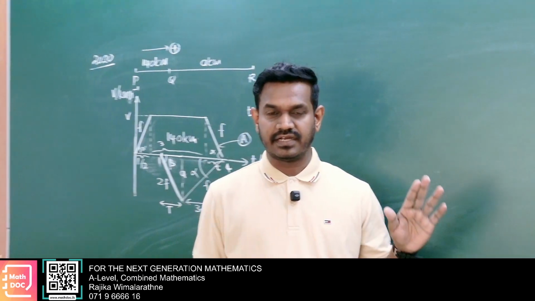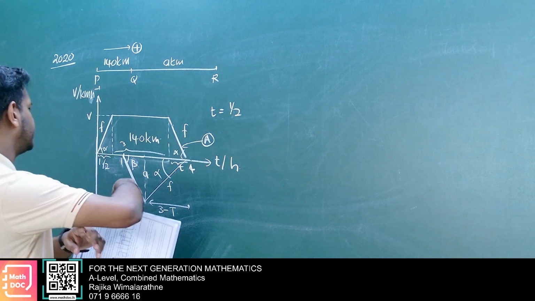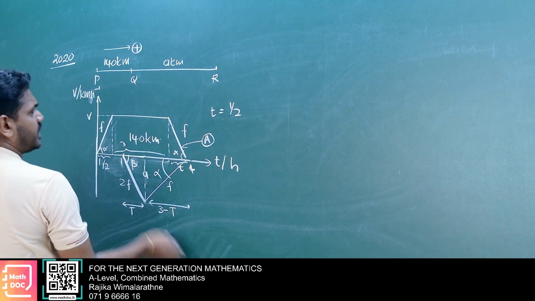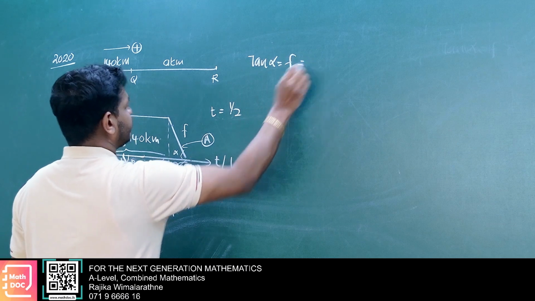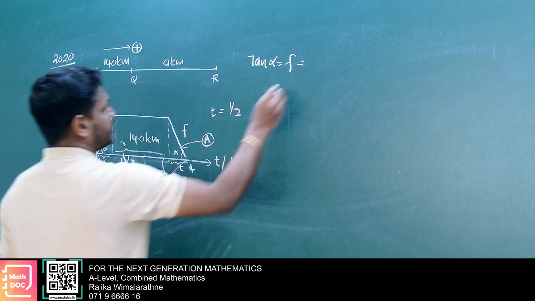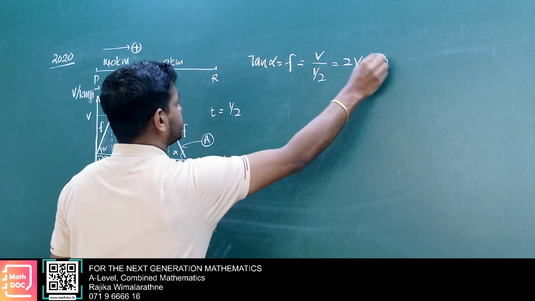Now you write the general relations. Tan alpha equals F, so V over half equals F, that is V equals F over 2, the first relation.